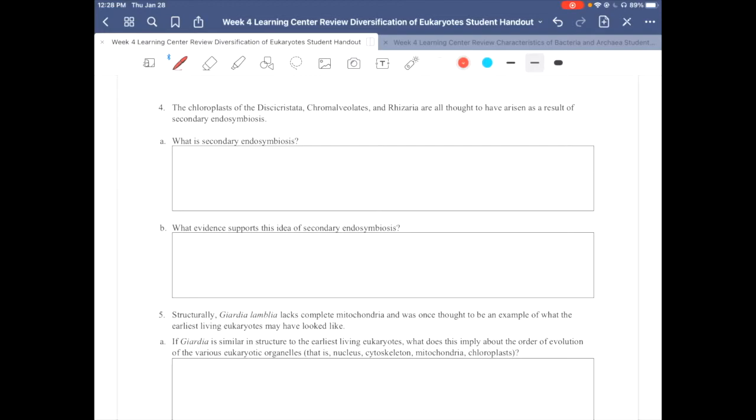So secondary endosymbiosis is heterotrophic. The big difference here is that they're both eukaryotes here.